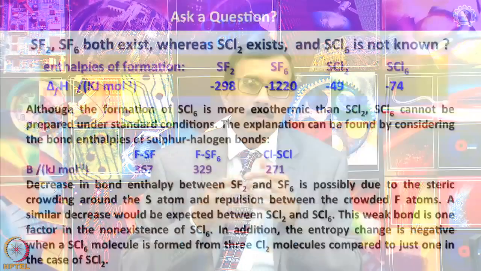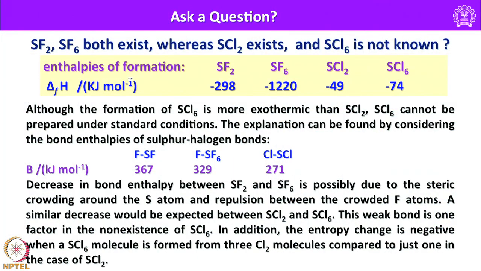For example, one sulfur is interacting with 3 molecules of chlorine gas to generate one SCl6, that means the entropy is very negative, and essentially the steric crowding and the entropy effect go against the formation of SCl6. That is the reason SCl6 is not known.